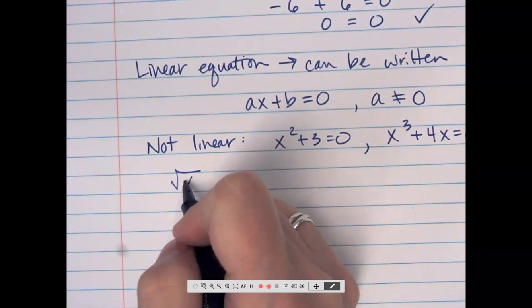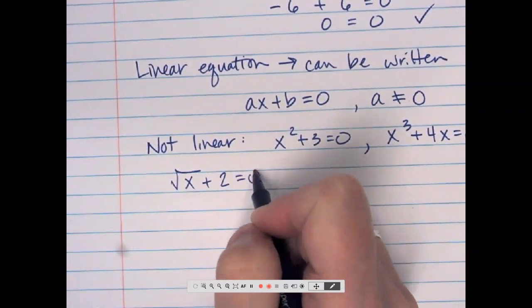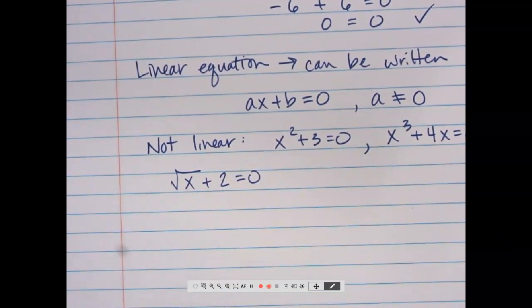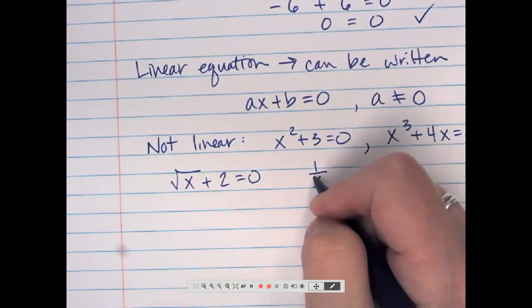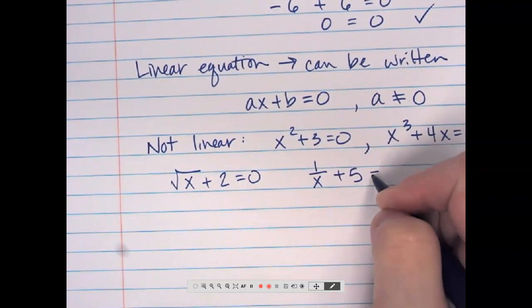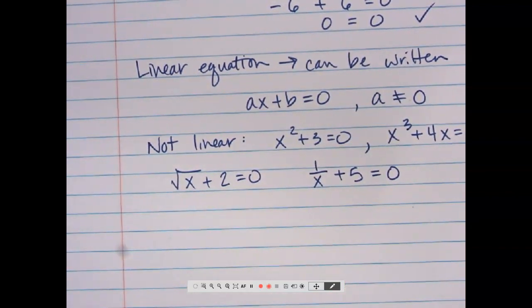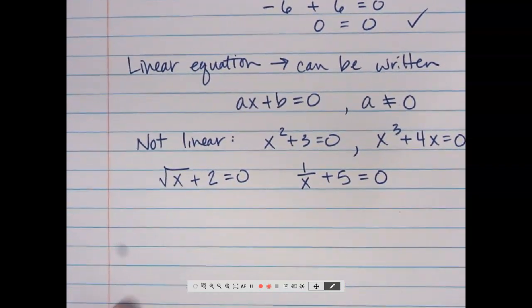Something with a root, that's not linear. It's actually called a radical equation. Something where x is in the denominator is not linear. Okay, so things like that are not linear, so just be on the lookout for those. Their graphs would not be lines. They would be other shapes.